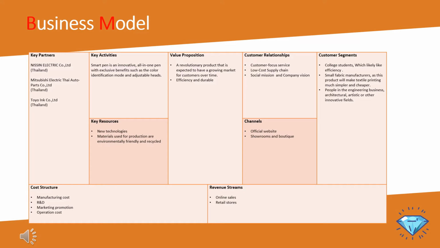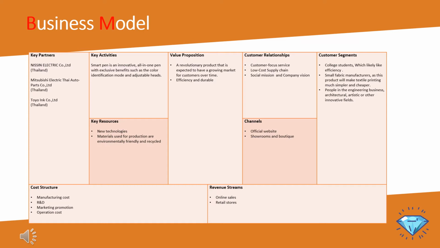And for the value proposition, the value we provide to our customer is a product that is expected to have a growing market for customers over time. And also we provide the value of efficiency and durability. And for the channel, we deliver the value of our product to our customer through the official website and showroom boutique.